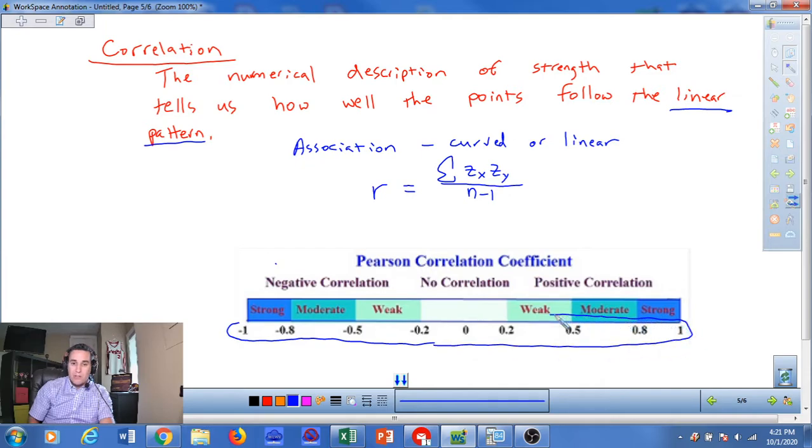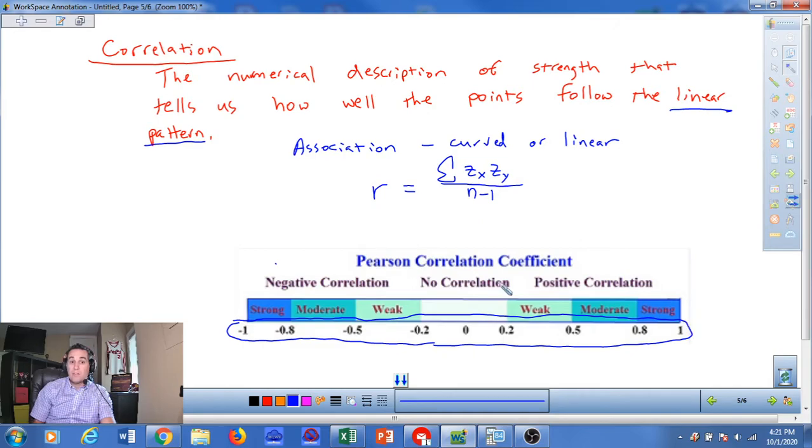So if someone tells you the correlation is 1.3, you tell them they must be mistaken because there cannot exist a correlation of 1.3.